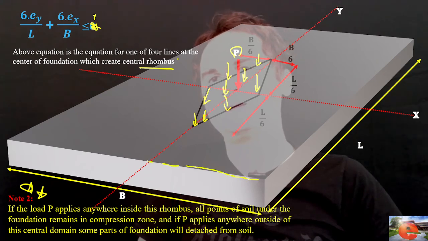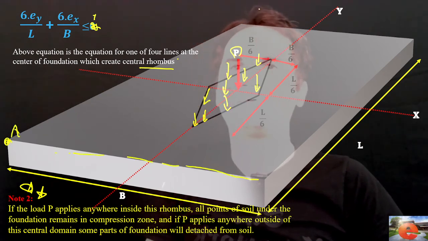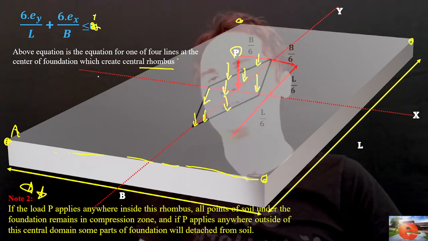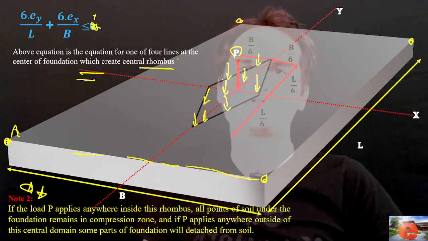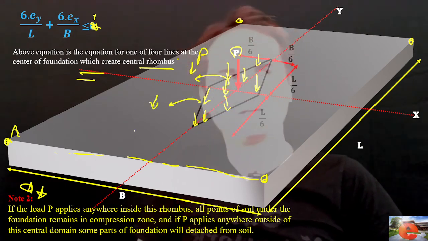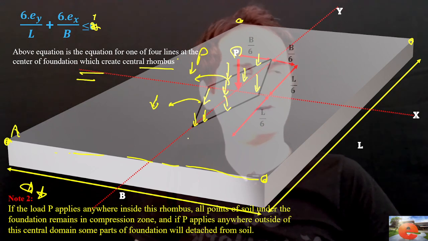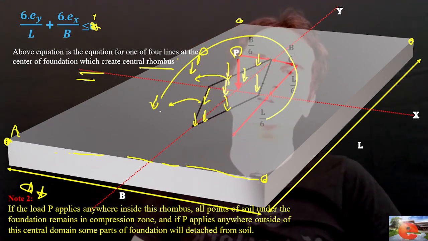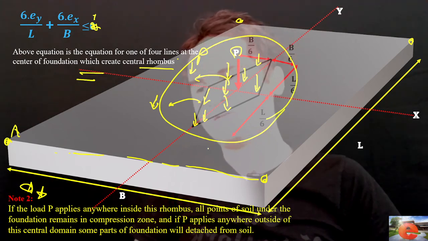All the points of the foundation, including point A, remain under compression. And if your force comes out of this central rhombus, some part of the foundation might be in tension, which is not good. So that's a good design criterion.